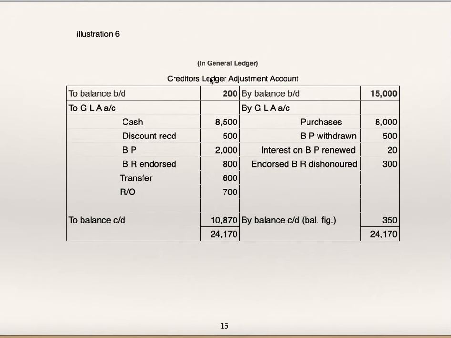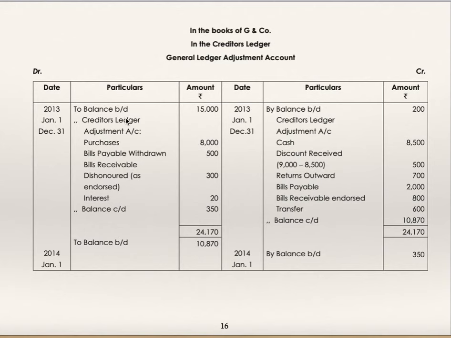Now you have been asked to prepare general ledger adjustment account in creditors ledger. It is exactly opposite. By balance brought down would be to balance brought down. To balance brought down would be by balance brought down. Only the heading will change, and debit to be written on the credit side and credit on the debit side. See here.